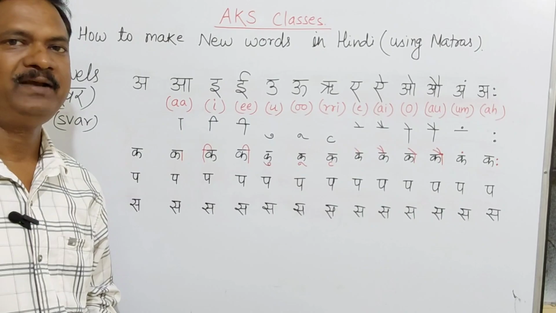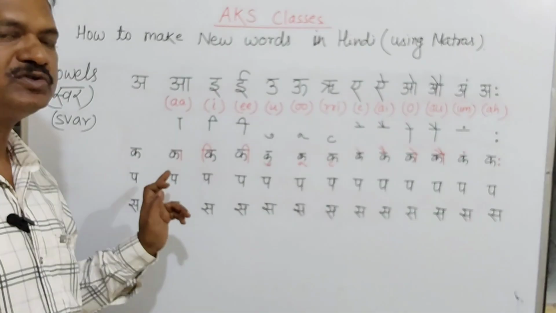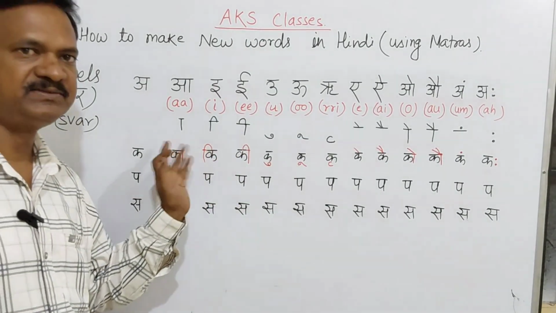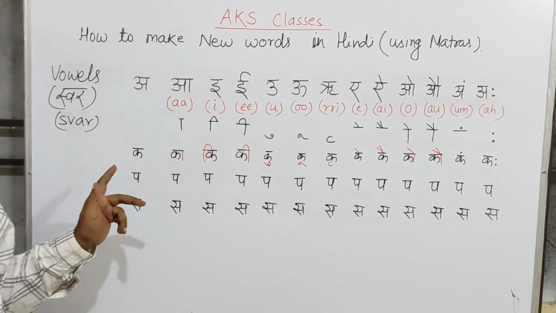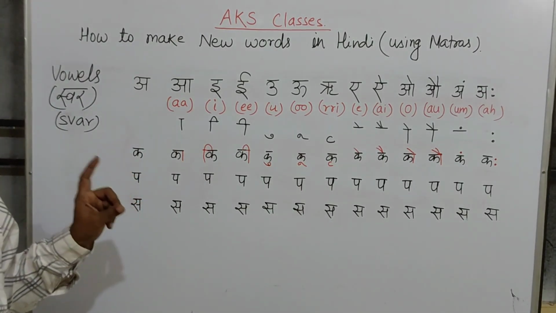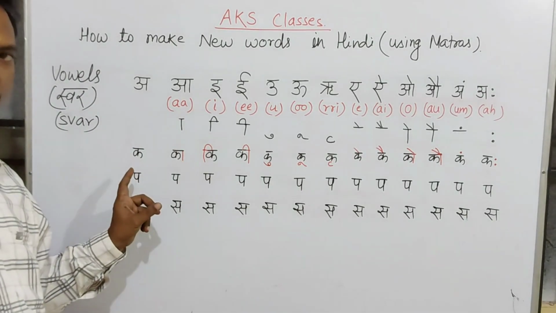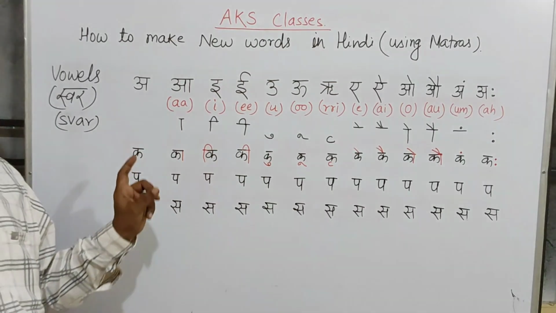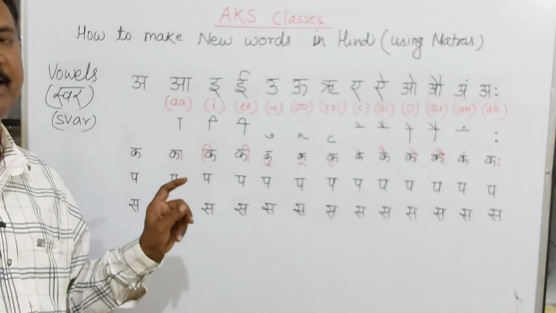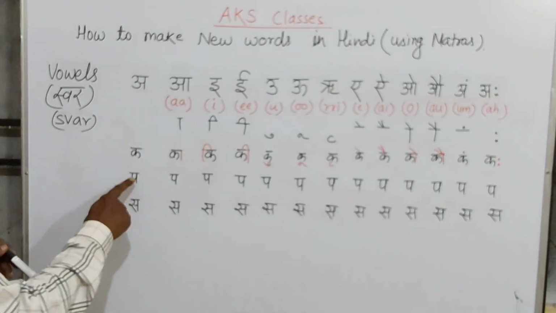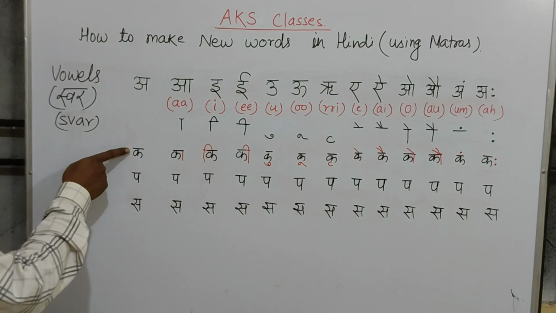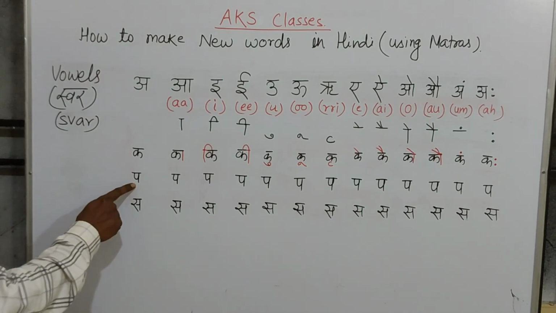Friends, as you have already seen the use of the matras with the consonant, for more practice I have written two additional consonants. Let's see how these matras can be added with the consonant. This was k. Now this is p. The sound is p.